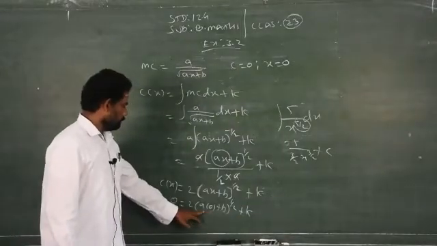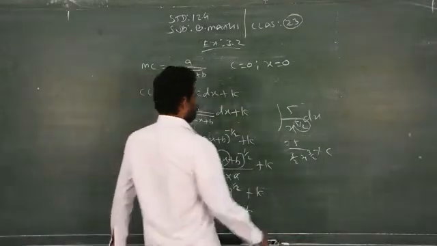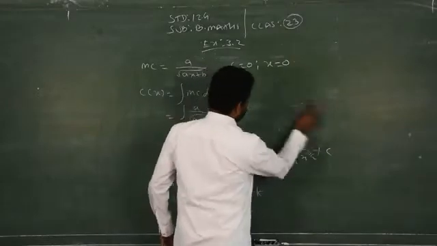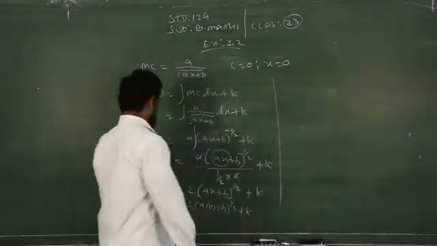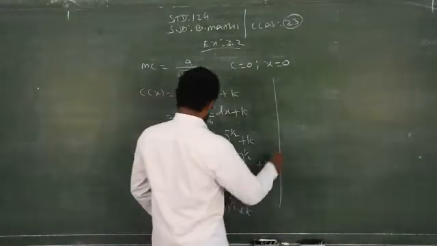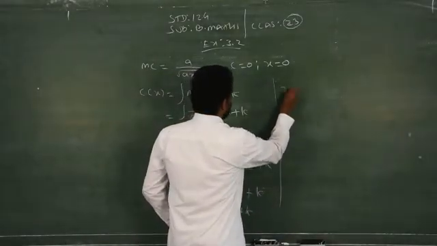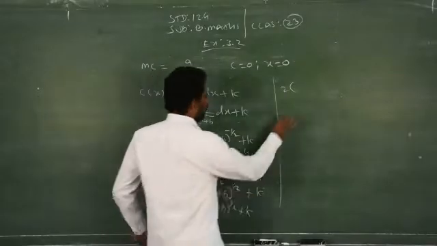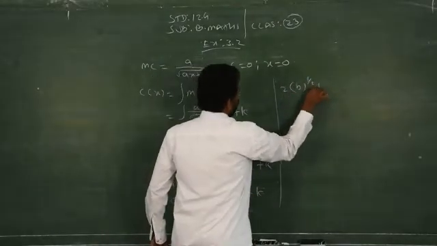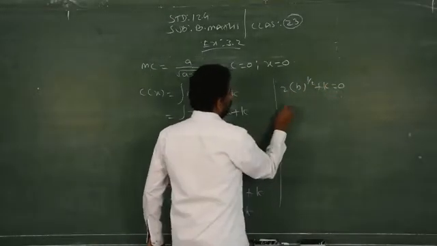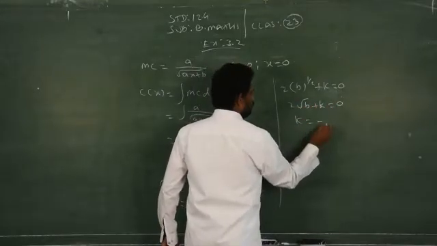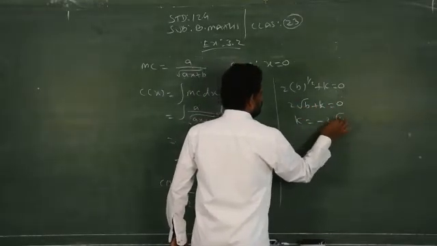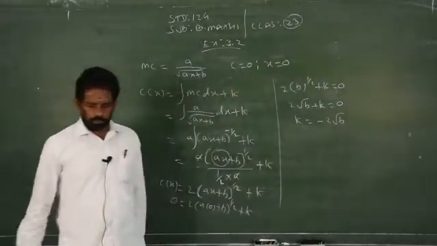So this will become 0, you will get only 2 of b power 1 by 2 plus k equal to 0, that is 2 root b plus k equal to 0. Which will give you k is equal to minus 2 square root of b.